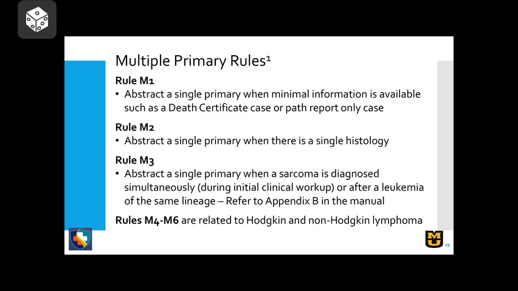Abstract a single primary when a sarcoma is diagnosed simultaneously during initial clinical workup or after a leukemia of the same lineage, and refer to Appendix B in the manual. Rules M4 to M6 are related to Hodgkin and non-Hodgkin lymphoma.